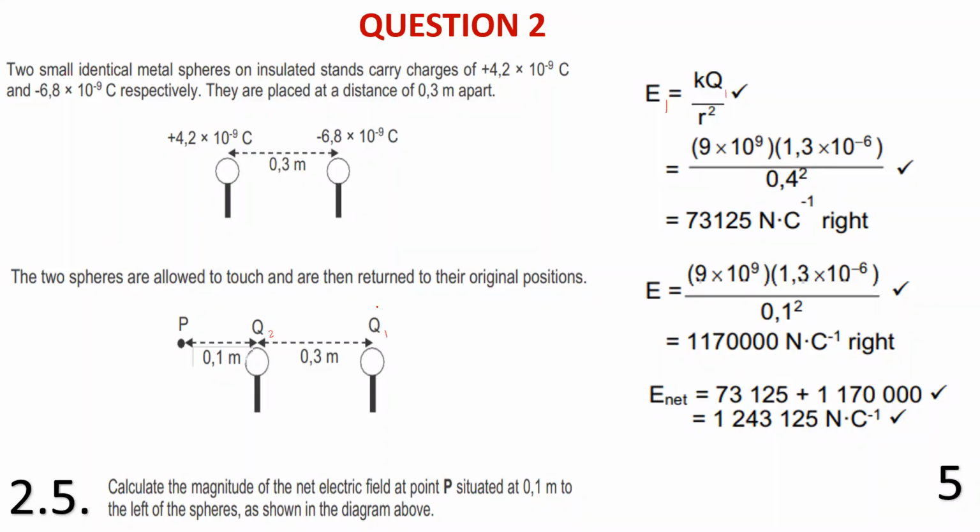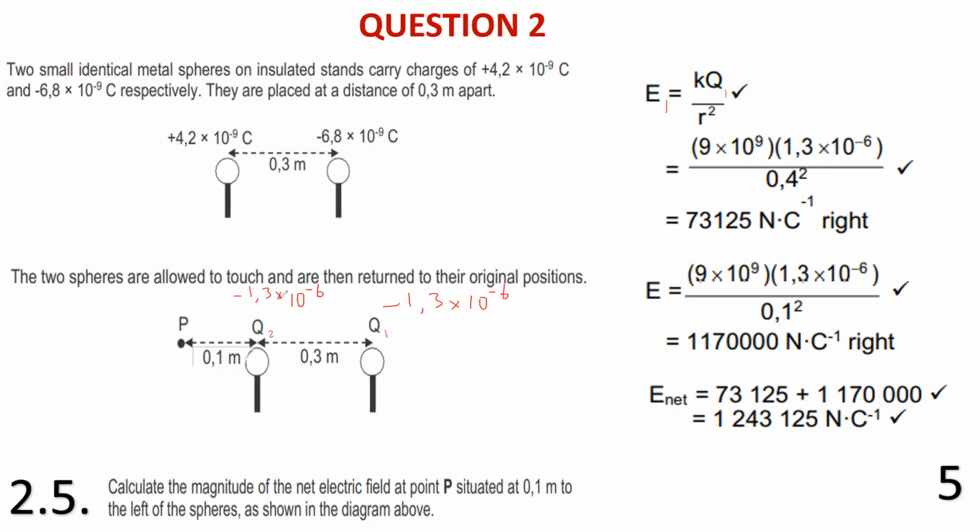As you know, Q1 and Q2 are negative, because when you calculate the new charge for each, it is negative 1.3 times 10 to the power of -6. This is our new charge, Q1 and Q2, both negative.